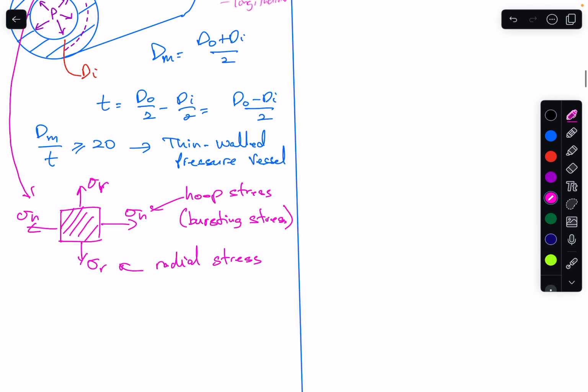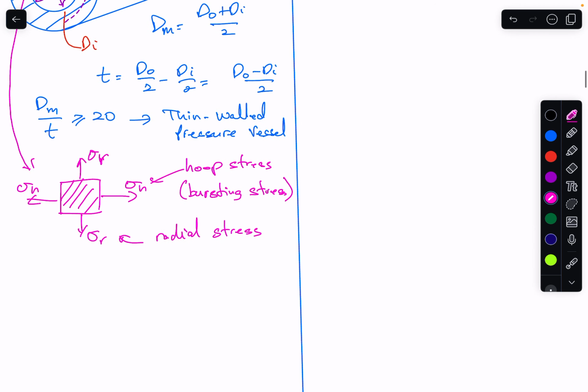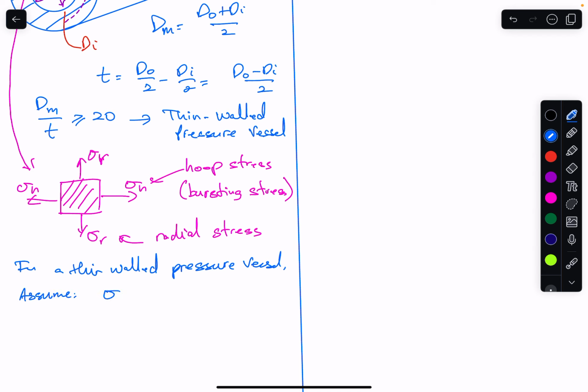So in a thin wall pressure vessel, we make the assumption that radial stress is approximately equal to 0.